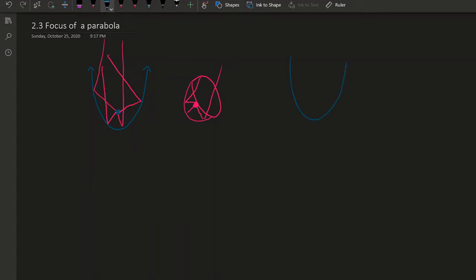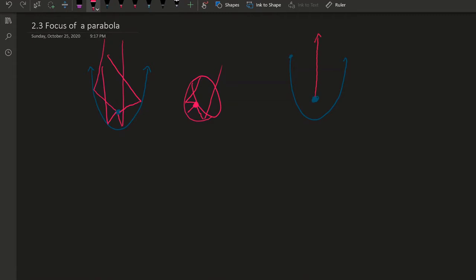Now, the focus also works in the opposite direction. So if we have a parabola right here, this is actually very useful for speakers. If the focus is right here, this speaker could make noise going in all directions.